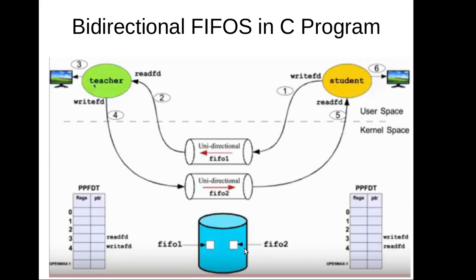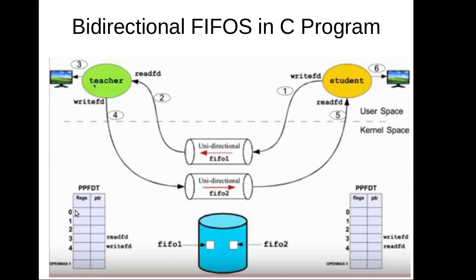These FIFO 1 and FIFO 2 files are only a reference to the data that is in the FIFO, and this data in the FIFO resides in the kernel. This is the process file descriptor table for both the student and the teacher processes.